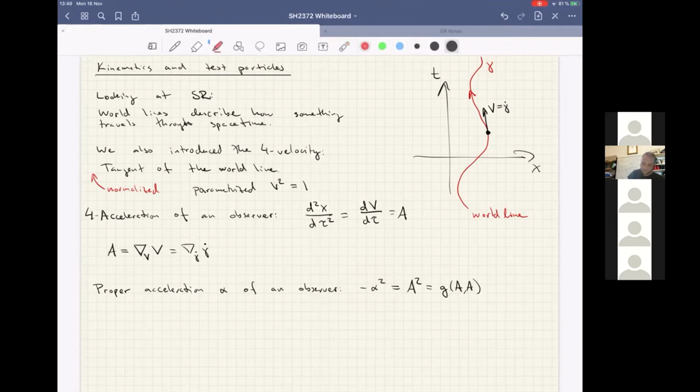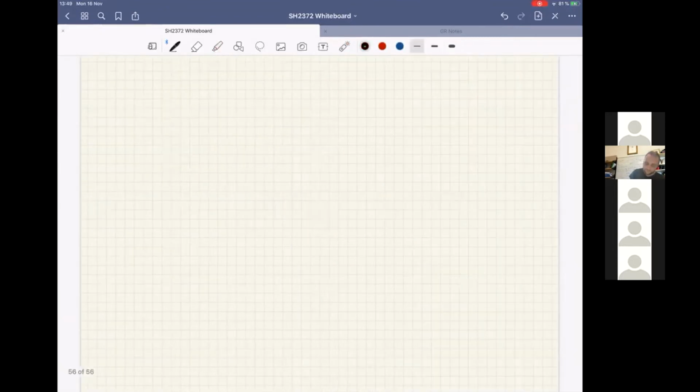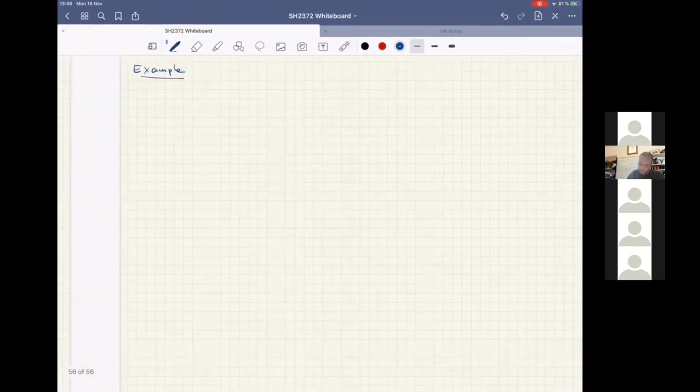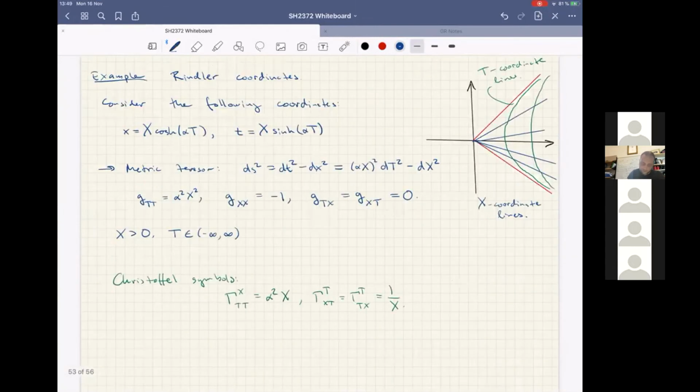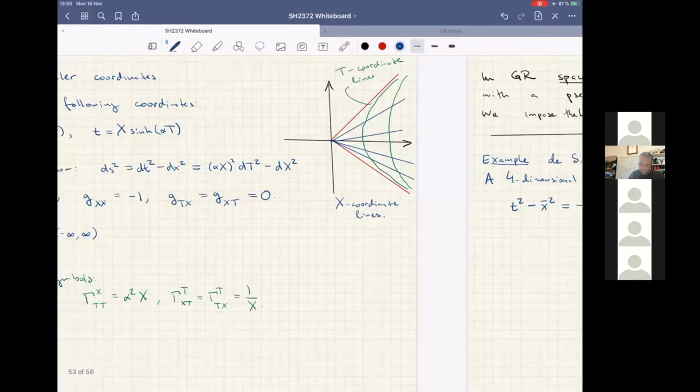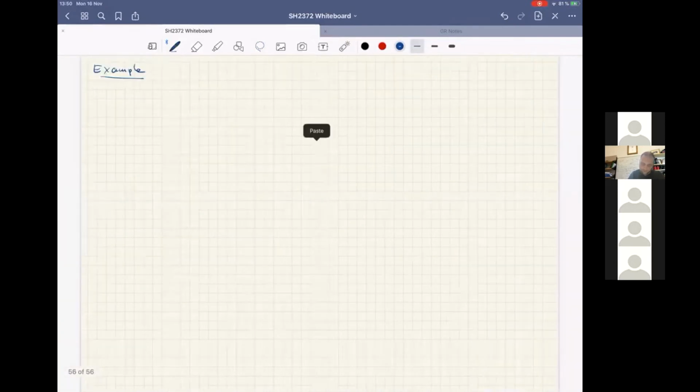Okay. So let's take an example now where we look at the Rindler coordinates that we looked at before. Let me copy that here.